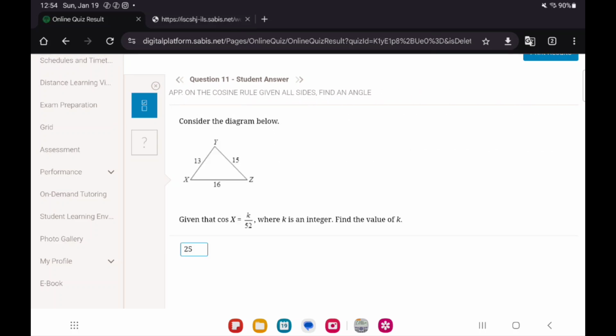Okay, we're going to use the cosine rule here, because they're asking for cosine.